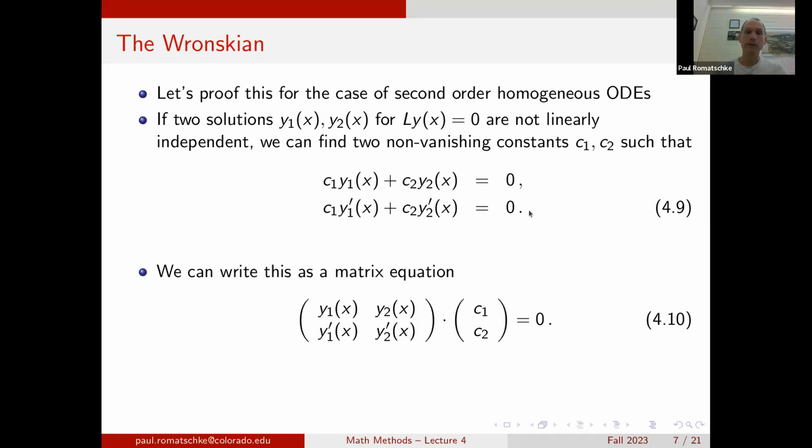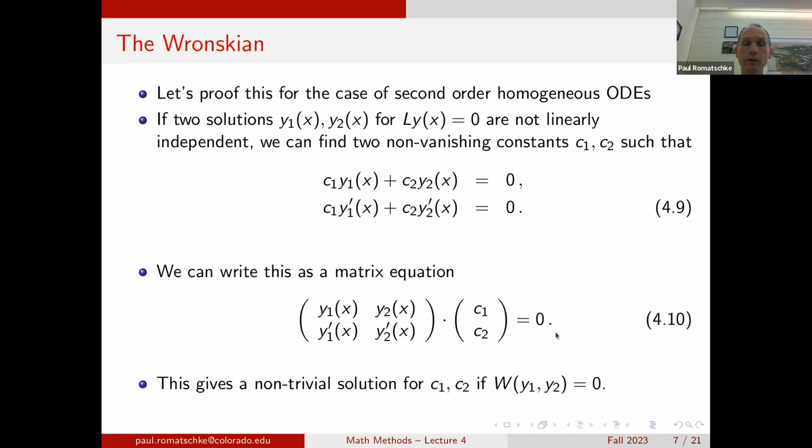If these equations are fulfilled, we can find these two coefficients c1 and c2 by writing 4.9 as a matrix equation. So we write this coefficient function matrix y1 of x, y2 of x, y1 prime, and y2 prime dotted into the coefficient vector c1 and c2 is equal to 0. And then we can find non-trivial solutions for c1 and c2 if the determinant of this matrix is vanishing.